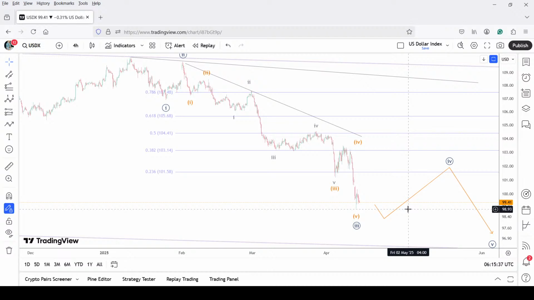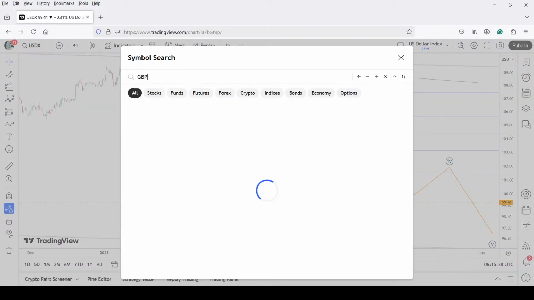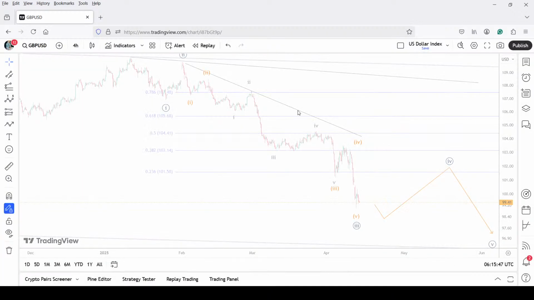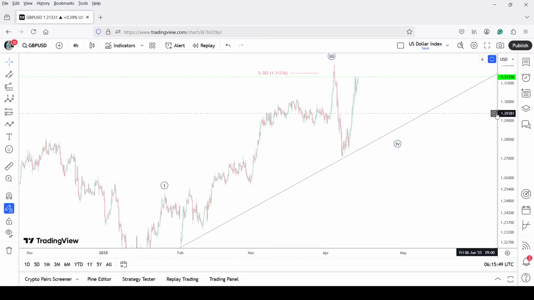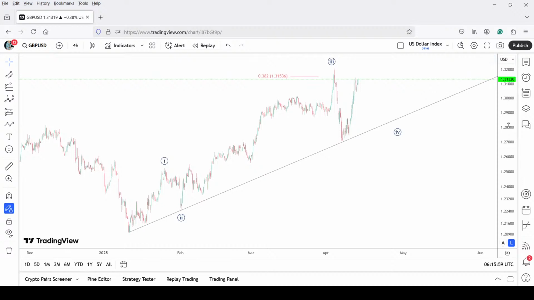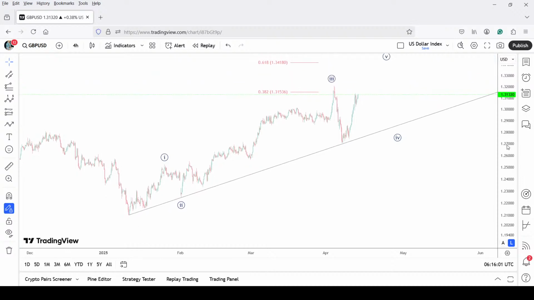Okay. Now, pound, as we discussed in the last session, we are discussing it one more time. That is the 4-hour chart in pound, and by all means, if profits have not been realized, it should be done now, and it's quite possible that wave 5 could be in the making.